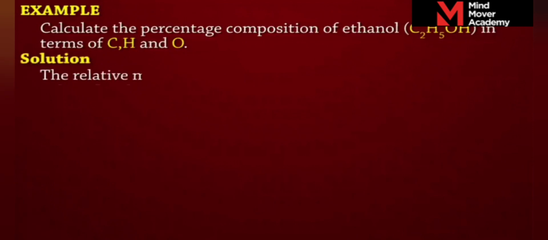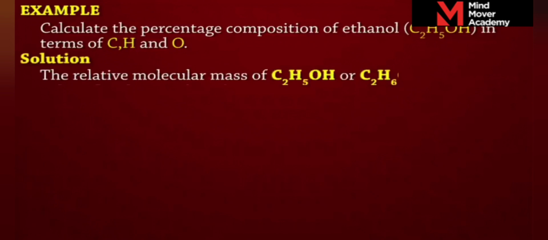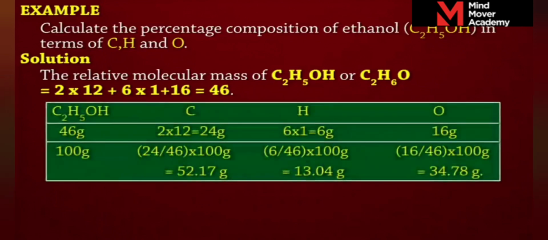The relative molecular mass of C2H5OH or C2H6O is equal to 2 into 12 plus 6 into 1 plus 16, which is 46. So in 46 grams of C2H5OH, 2 into 12 equal to 24 grams of carbon is there, 6 into 1 equal to 6 grams of hydrogen, and 16 grams of oxygen is there.